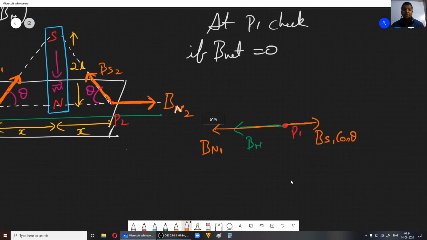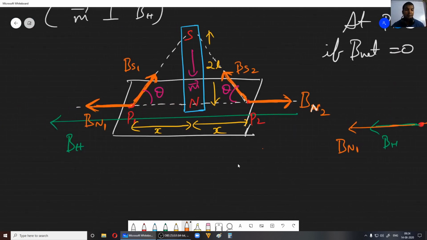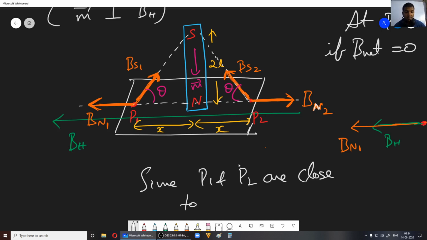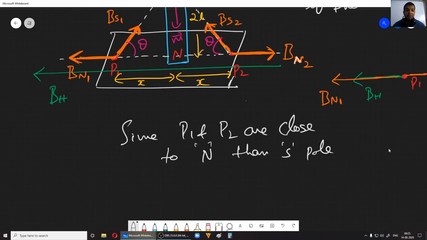Now magnitude wise, if you observe, since P1 and P2 are closer to the north pole than the south pole, naturally the magnitude of Bn, be it Bn1 or Bn2, will be greater than the magnitude of Bs, is it not?